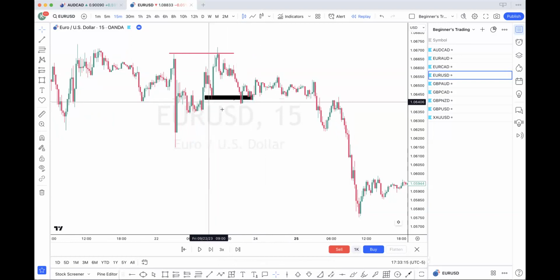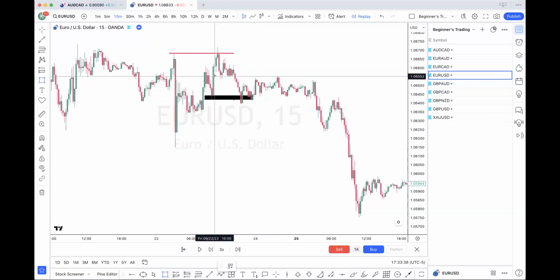So it tapped into this order block, pulled back, and this is where the level of support and resistance comes in. Can you see where my cursor is? Yes. You see, price tapped here, price tapped here, price tapped here. So price tapped into that zone.